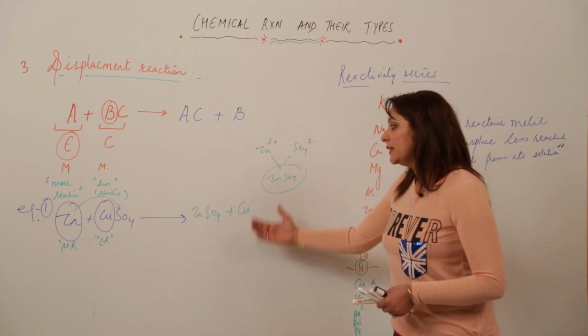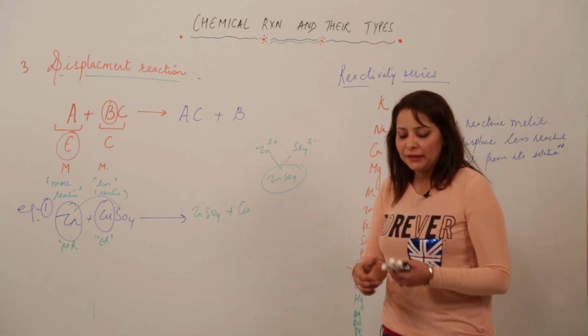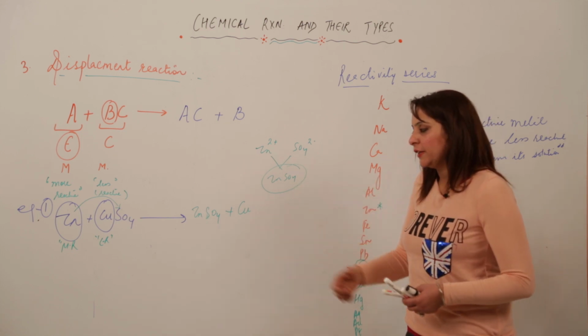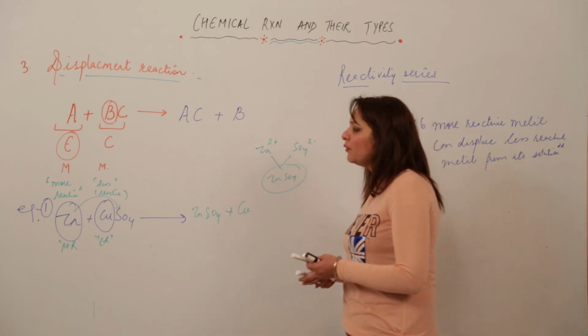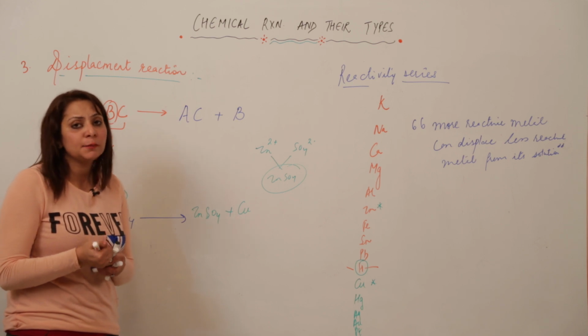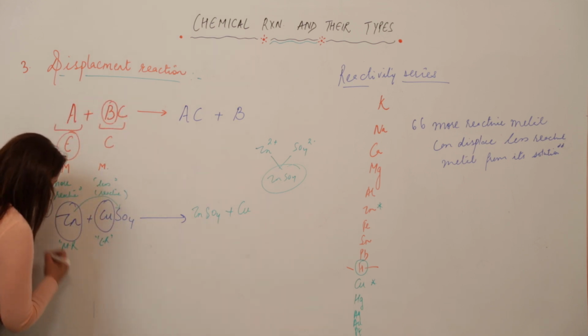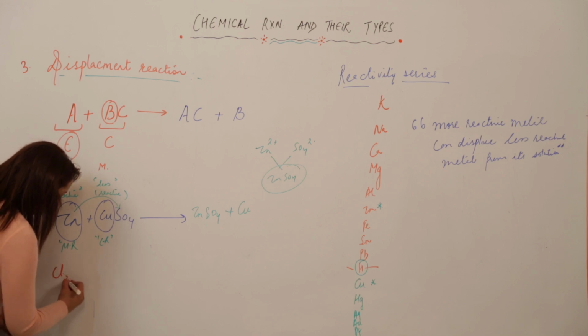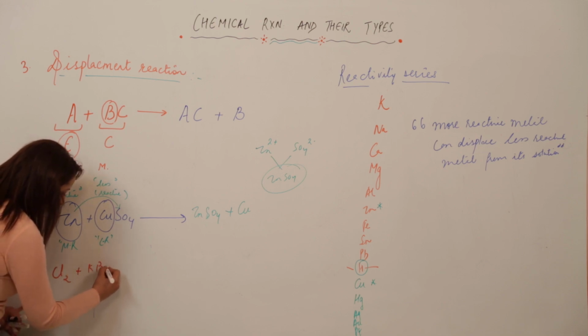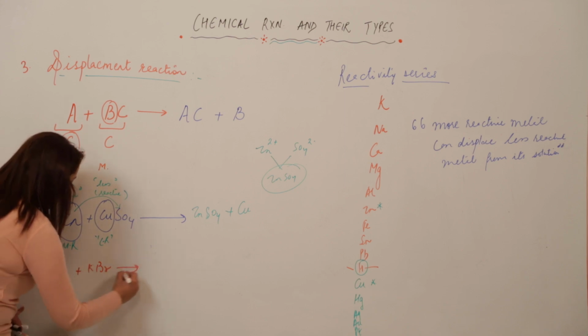This is how I reveal how the displacement reaction has taken place. The example I took was entirely on metals, showing the more reactive metal and the less reactive metal. We can have displacement reactions for non-metals also. A more reactive non-metal can displace a less reactive non-metal as well. Look at the board. See, it is Cl2 plus KBr. This is the second example we are doing. What is happening?